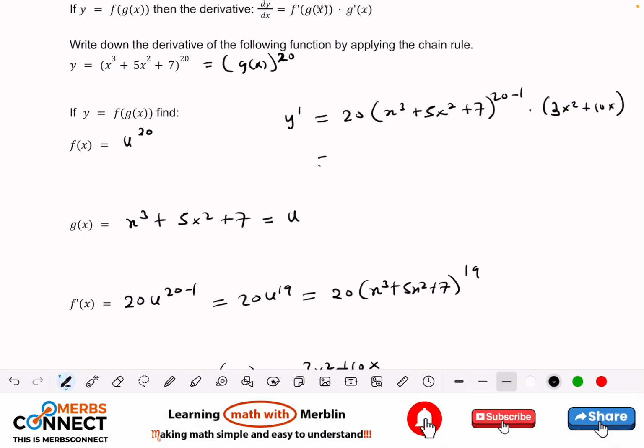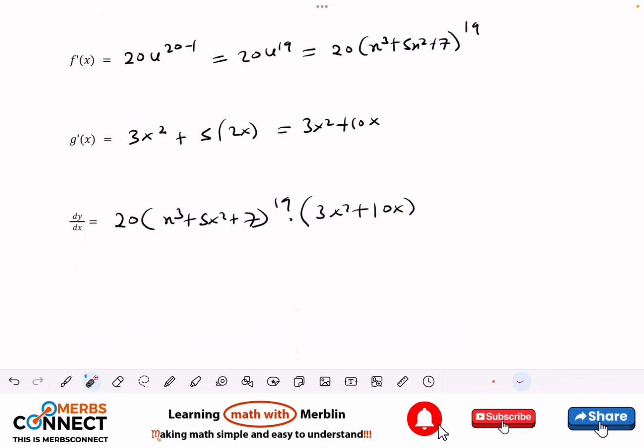When I simplify I'll have 20 times x to the power 3 plus 5x squared plus 7, to the 19, times 3x squared plus 10x, which is the same as what we had here.